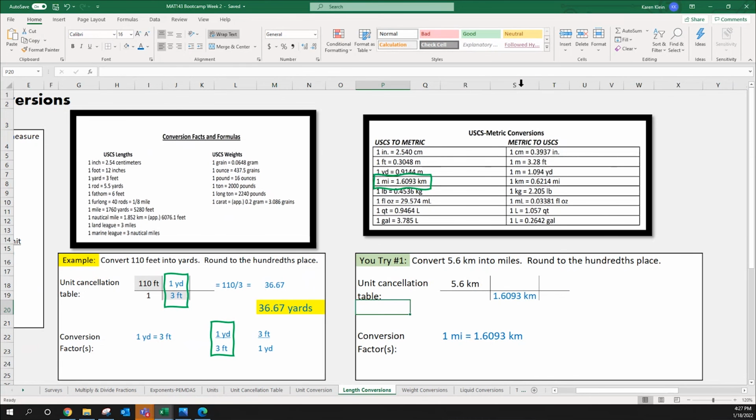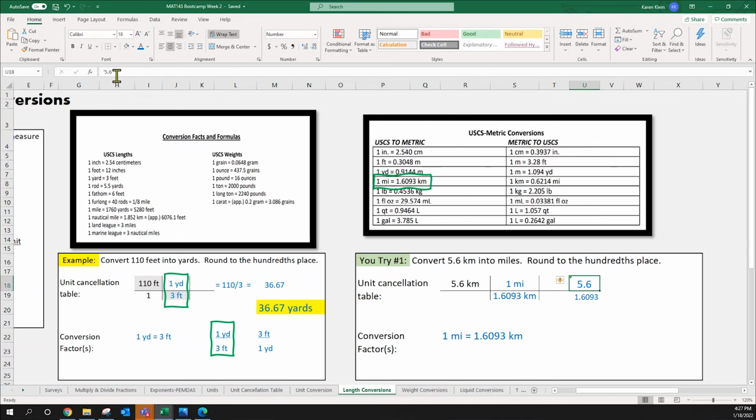Got some formatting issues here. There we go. That's going to leave me with 1 mile in the numerator. So now with that said, my kilometer units are going to cancel out. And that's going to leave me with 5.6 miles over 1.6093. And let me go ahead and just take out the miles for now.